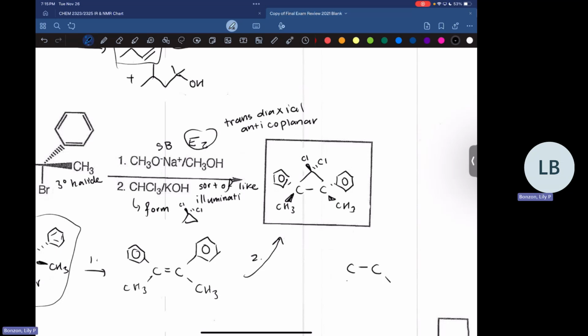I feel like I've seen on some keys where they just draw it out as the lines, but at the same time, let's say a TA marked your points off for that, and then you wanted to get it regraded. You might not have a very strong argument to stand on because you didn't draw the stereochemistry out. So I would just suggest getting in the habit of drawing the stereochemistry to protect yourself from the grading.